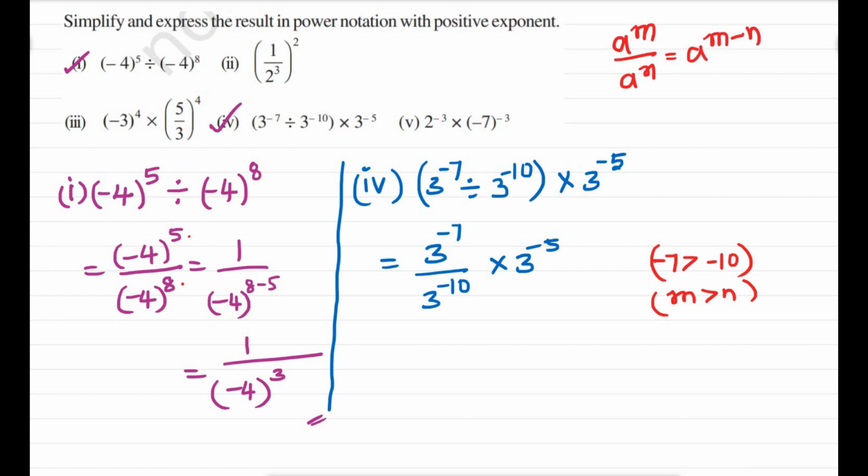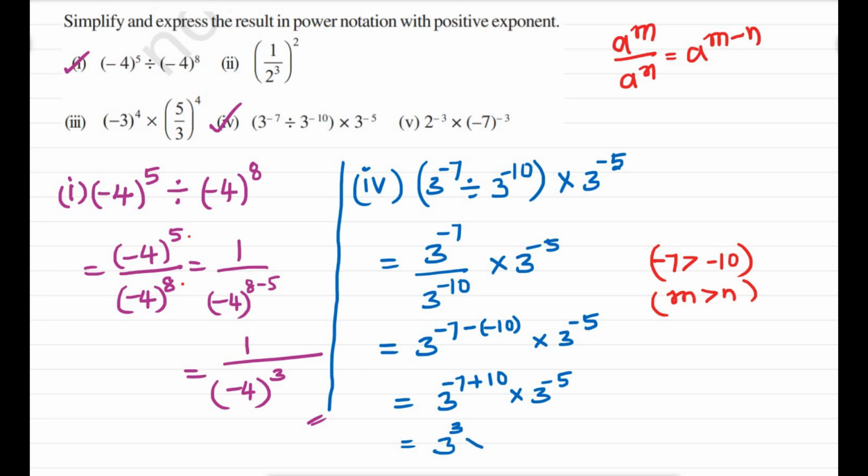So here it comes 3 to the power of minus 7 minus of minus 10, times 3 to the power of minus 5. Minus into minus is plus, so 3 to the power of minus 7 plus 10 is 3, times 3 to the power of minus 5.